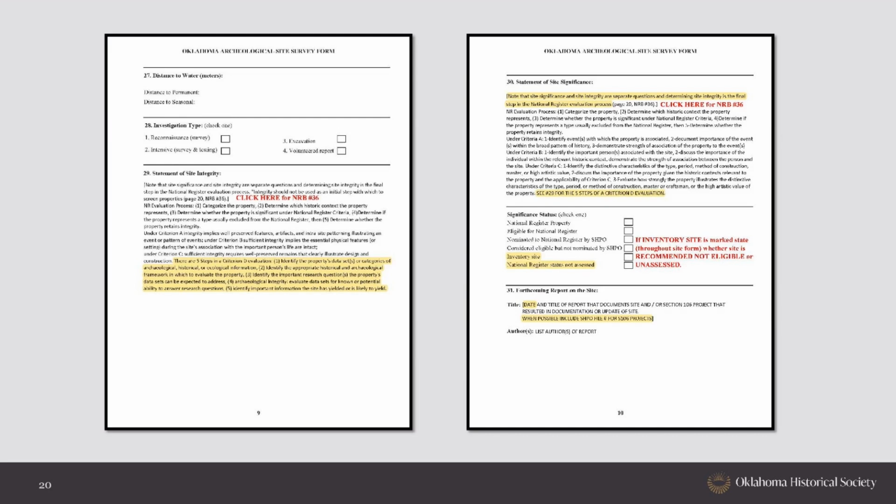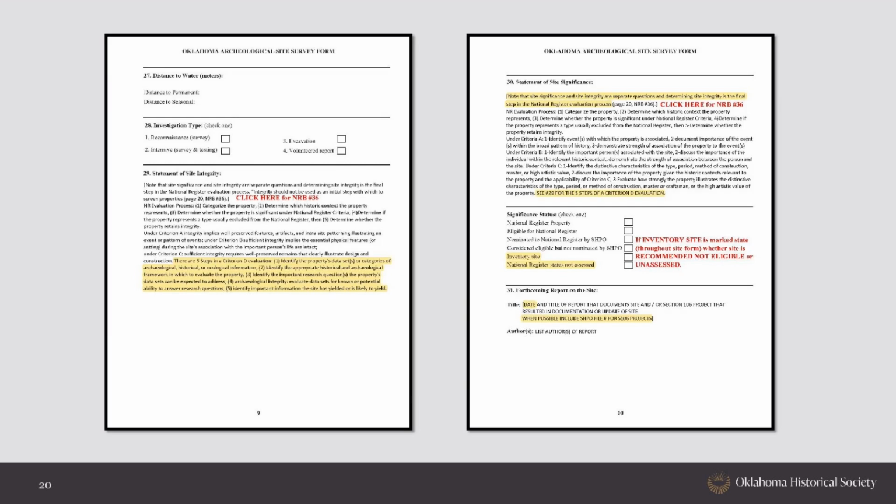I will say, in contrast with the HPRI forms, where we really want you to provide your recommendation of eligibility, we want you to provide your recommendation of eligibility for a site form. But on page 10, where it says significant status, the actual determination will be made in consultation with the agency for a Section 106 project or through an official nomination.